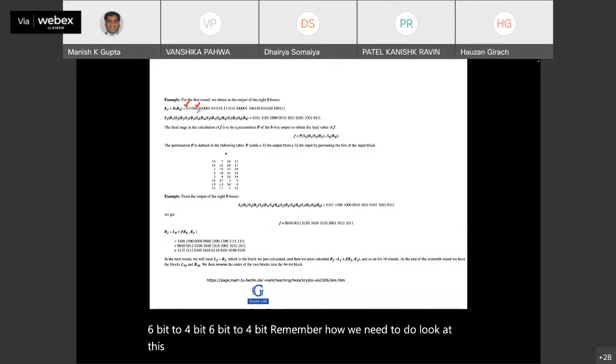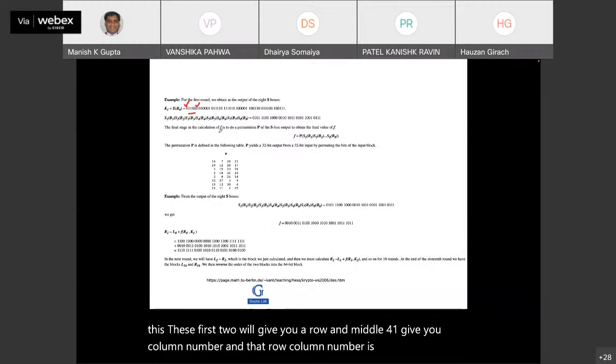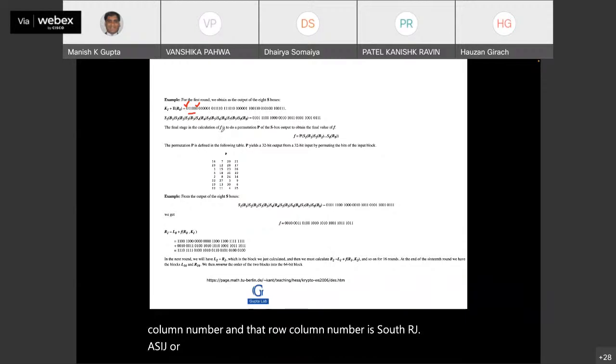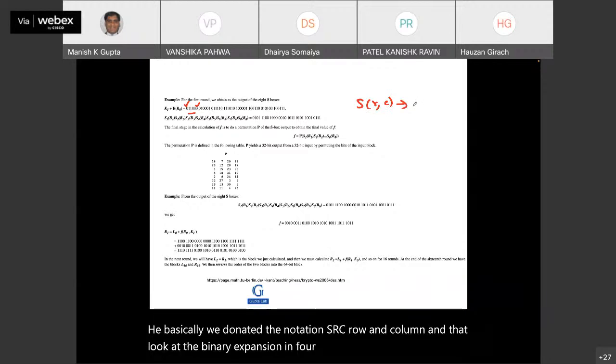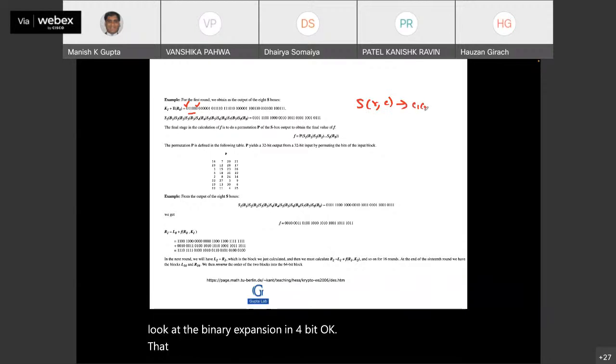The first and last bits give you the row, and the middle 4 bits give you the column number, and that row and column number is S(r,c). We denoted the notation S(r,c), row and column, and you look at the binary expansion in 4 bits. That will be the output C1, C2, C3, C4, or something like that. 6-bit to 4-bit, and so on.